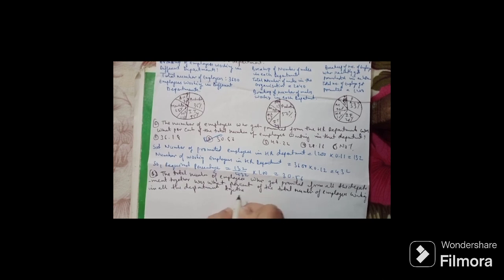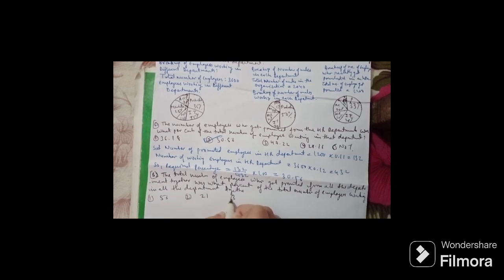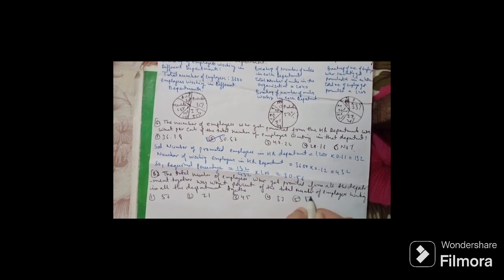I have to round off to the nearest integer. Options are 56, 21, 45, 33, 51. So let's go for the C. We will figure it out.